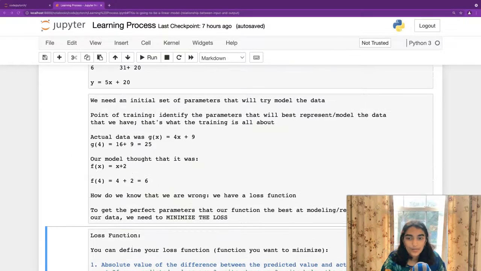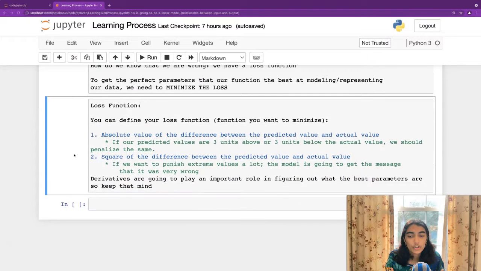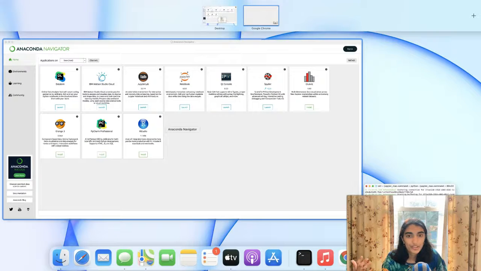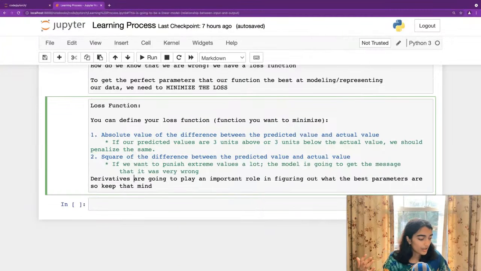This isn't really like a real neural network, although it does follow the same lines, because you have your data, you're trying to model it, you're trying to represent it using a mathematical function, and we're using tensors here too. The only difference is that we already know from the start that this is a linear relationship between the input and the output, and we're just seeing how the model is going to figure that out.